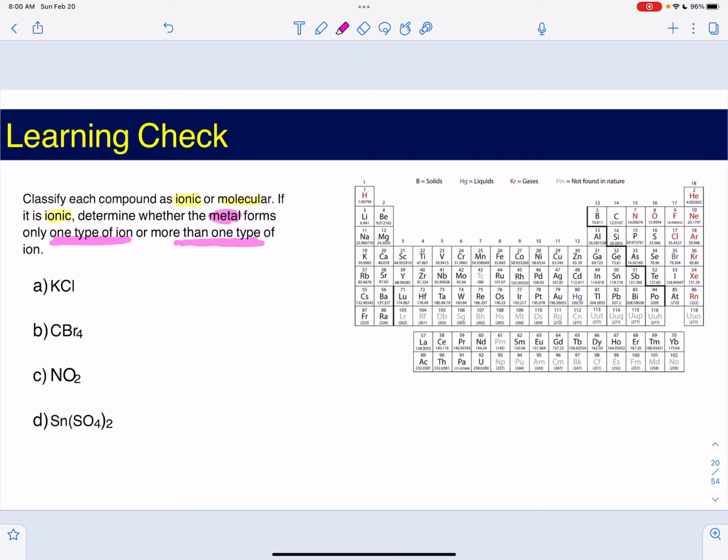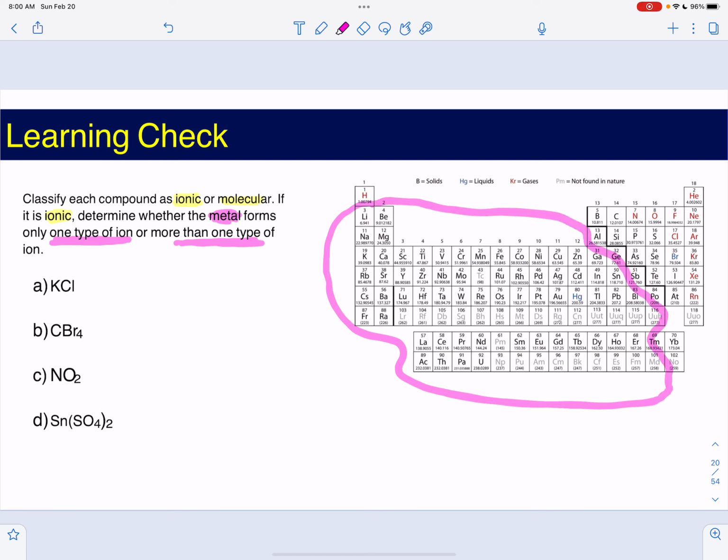How do we know if the metal has more than one type of ion or not? Well, it has to be a transition metal. Where are my transition metals? My transition metals are going to be this block here, including the ones at the bottom. So all these can have more than one type of ion.